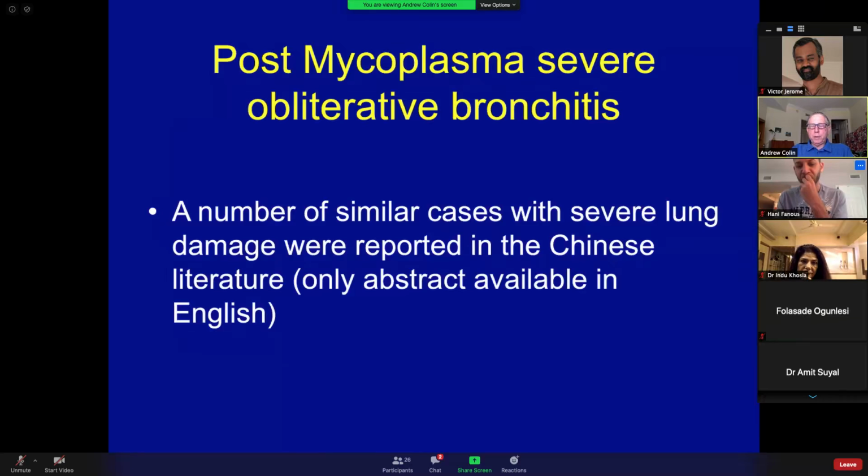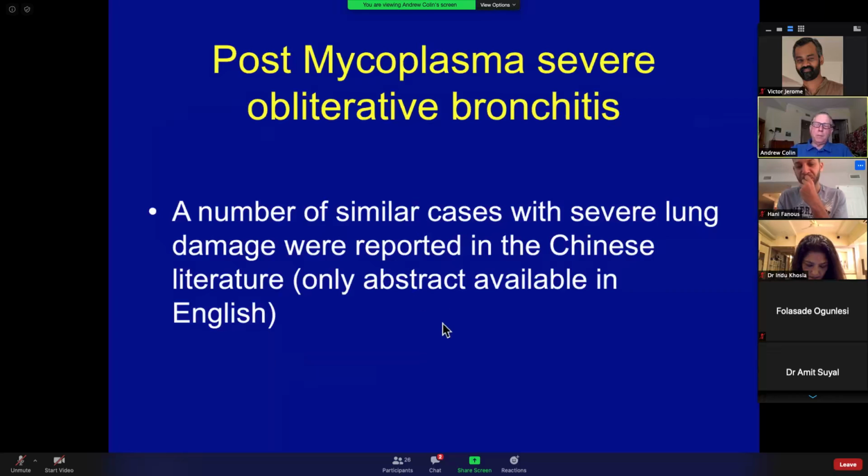As you remember, the first slide that I showed you by Jules Allen pointed to the possibility of mycoplasma causing this severe obliterative bronchitis. A search of the literature also showed a number of similar cases with severe lung damage reported in the Chinese literature, but I could not read the Chinese papers, and the abstract was available only in English, so I cannot give you the details.